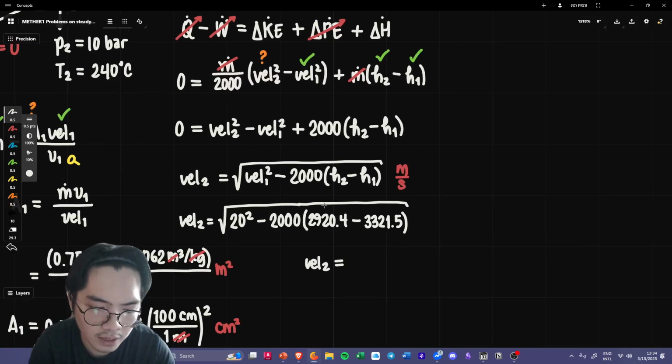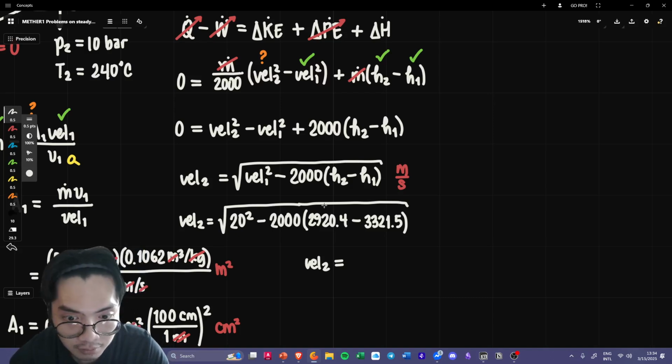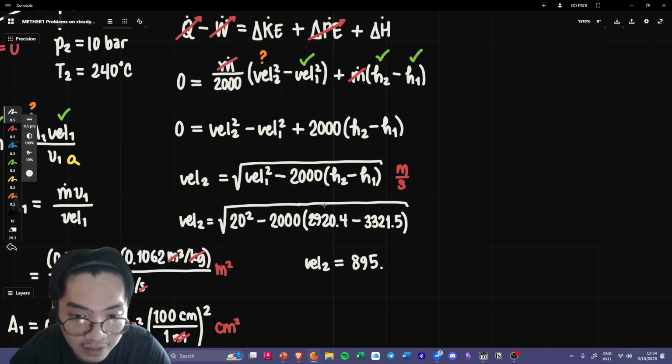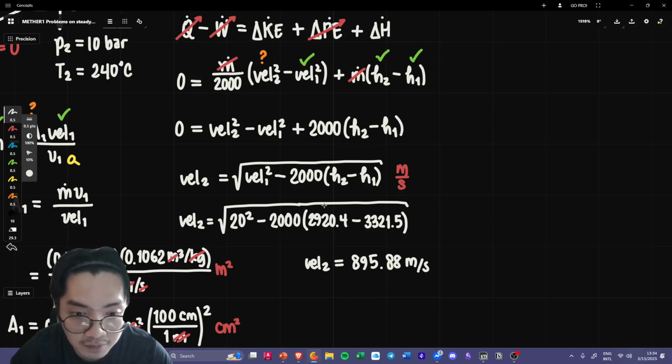That gives you the value of 20 squared minus 2000 times 2920.4 minus 3321.5. You will get a value, oh my gosh. Wow, 895.879, or 895.88 meters per second. That is like faster than the speed of sound.